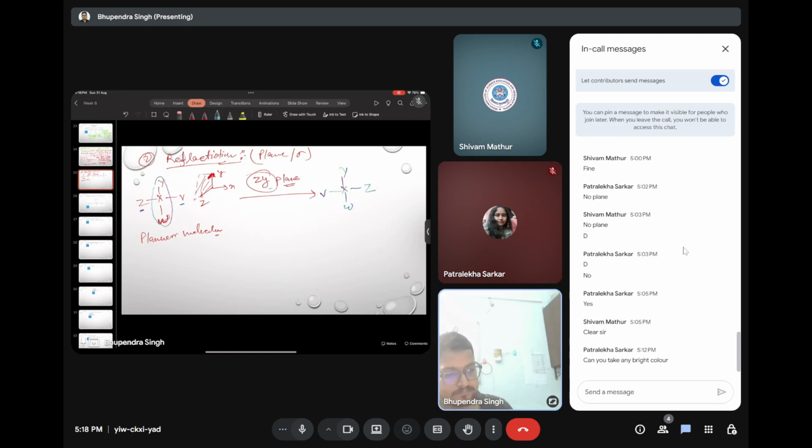So this is your plane. Which means whatever is present on a particular plane, whether a bond, an atom, or the whole molecule, will not change its position.